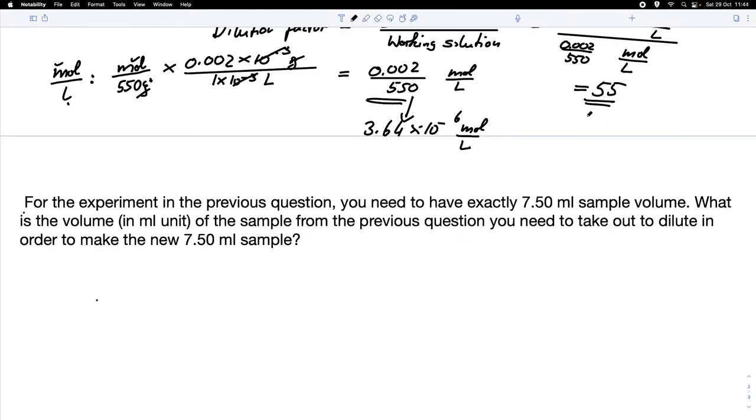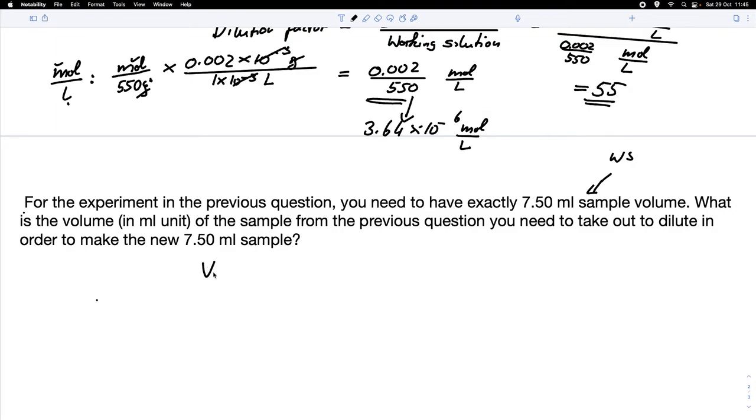We have to dilute our original stock solution 55 times to get this working solution, and we want to have exactly 7.5 milliliter of this working solution. So that here is our working solution. And how can we actually calculate how much volume we want to use? Well, that's quite simple.